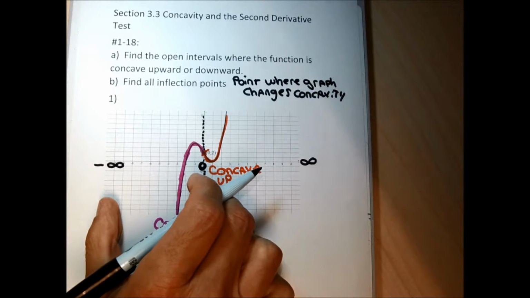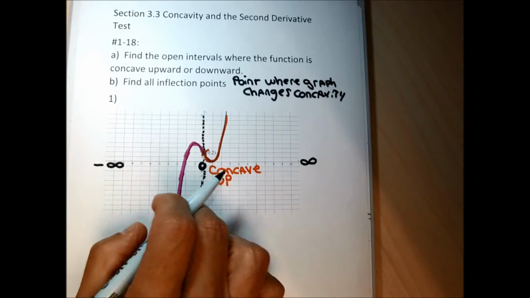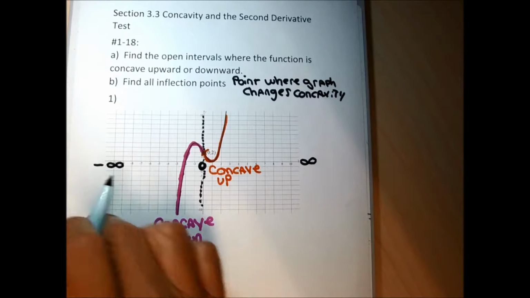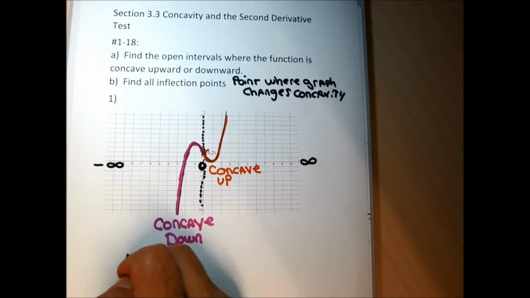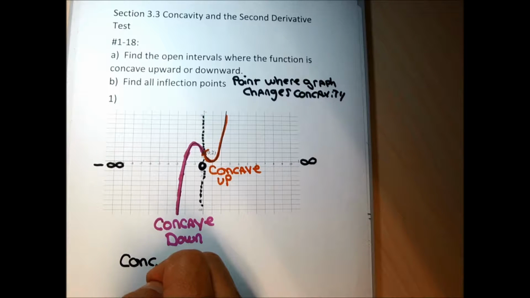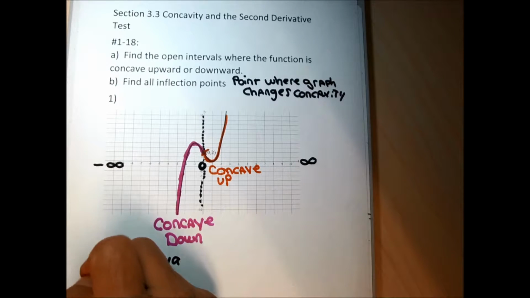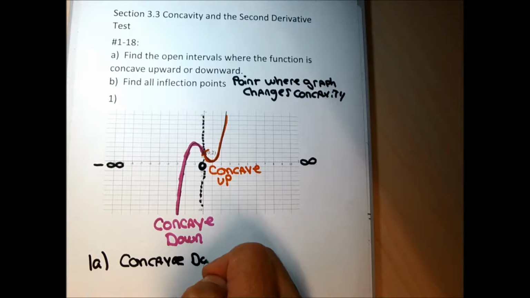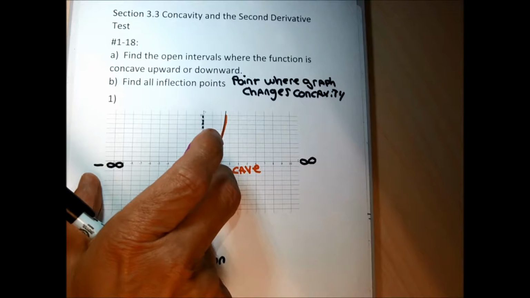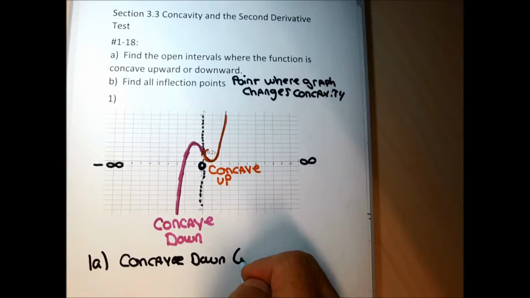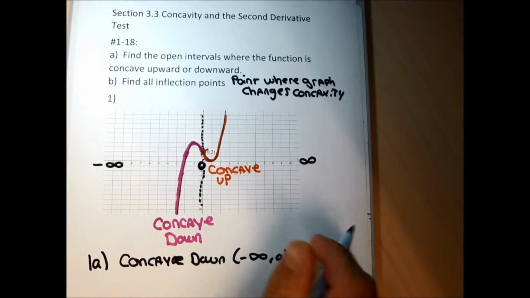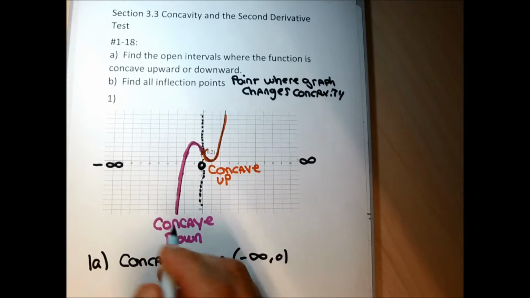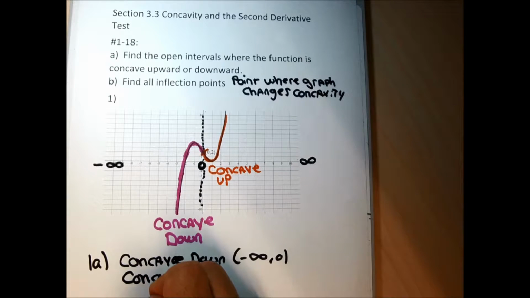So this region of the graph, even though I don't see the graph all the way out to the left edge of the x-axis, we're going to say the graph is concave down. So when I go to answer question 1 for part A, I'll say the graph is concave down in the interval negative infinity to 0. And then in the interval 0 to infinity, the graph was concave up.